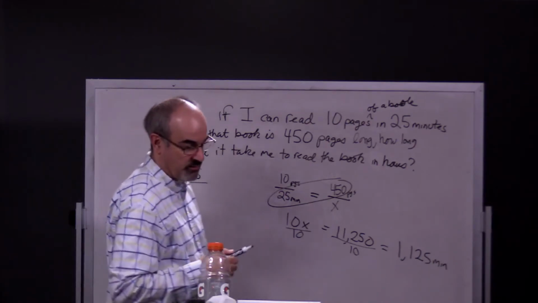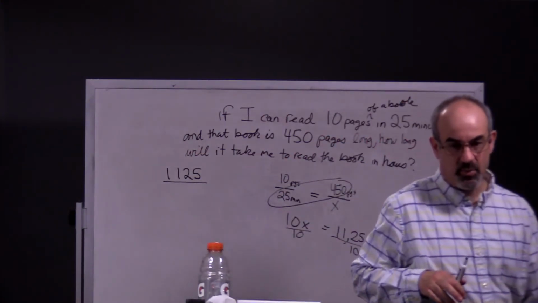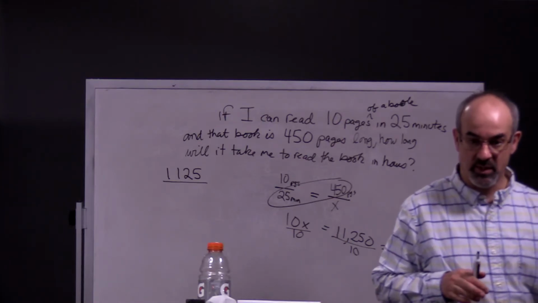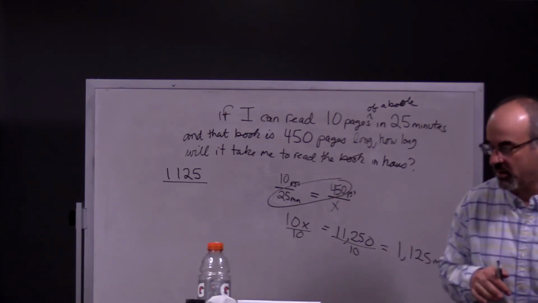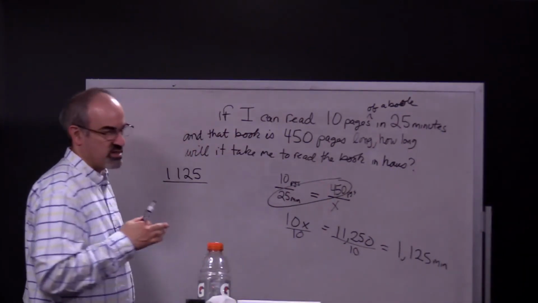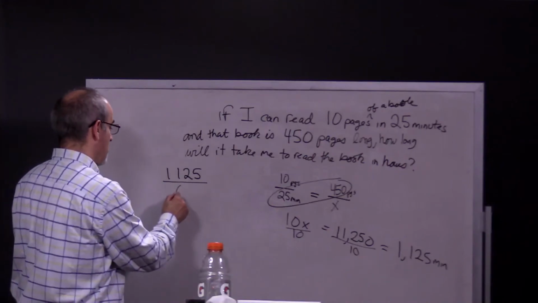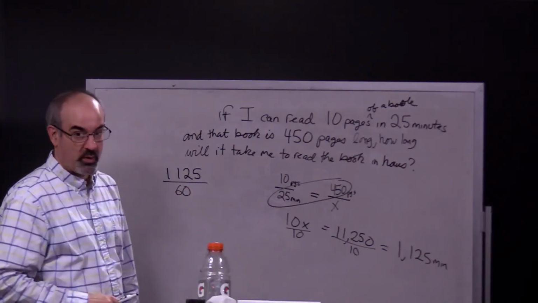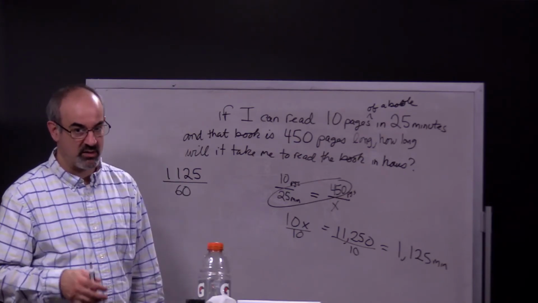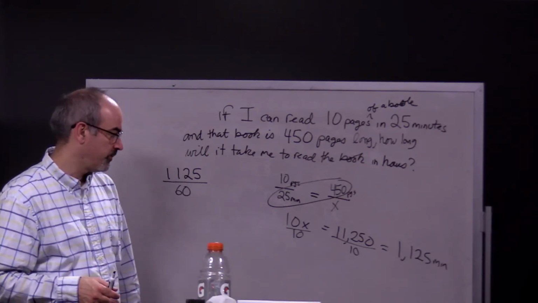I want to actually set it up right. I was going to say just divide by 60, because that will give you the hours. But there's a way to set it up, but I'm going to just divide by 60. So you have 1,125 minutes, and there's 60 minutes in an hour.